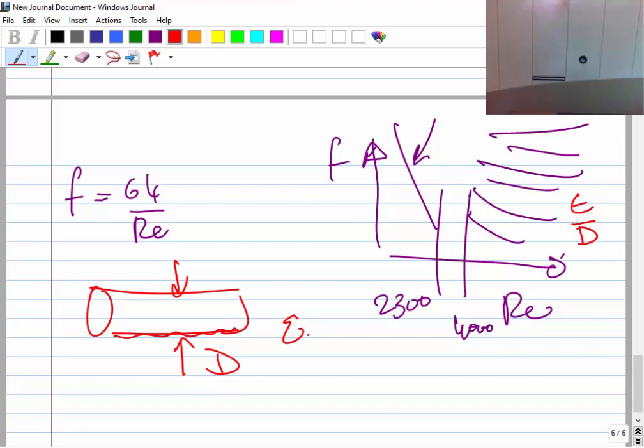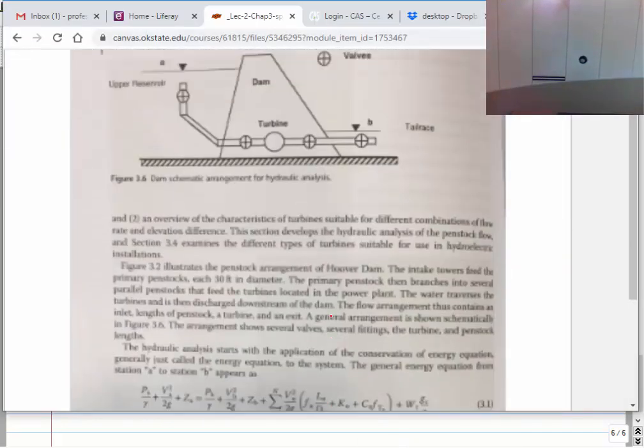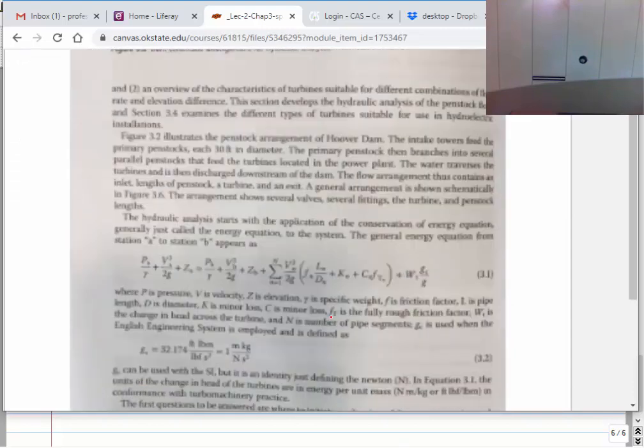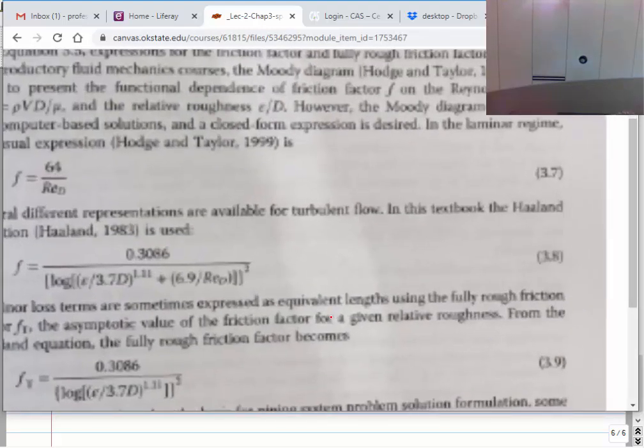So when people use the Moody chart, they just read the Reynolds number and the epsilon over D and get the F. But there are also a bunch of equations rather than using the Moody chart, and those equations are written in our textbook. He has the Haaland formula, it's over here.